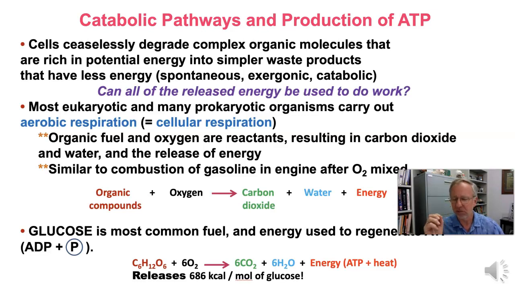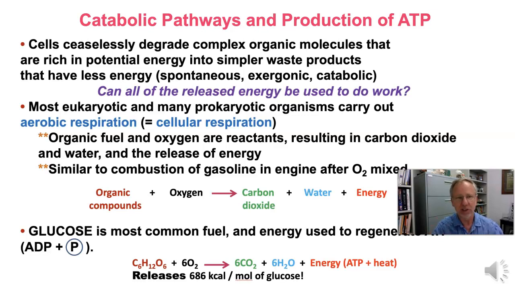Cells are non-stop, ceaselessly, never-ending, breaking down or degrading these complex organic molecules that are rich in potential energy, usable energy. And when they're broken down, simpler molecules are produced. These are waste molecules that cells really don't need, and they have less energy in them. And those waste molecules would be carbon dioxide and water.